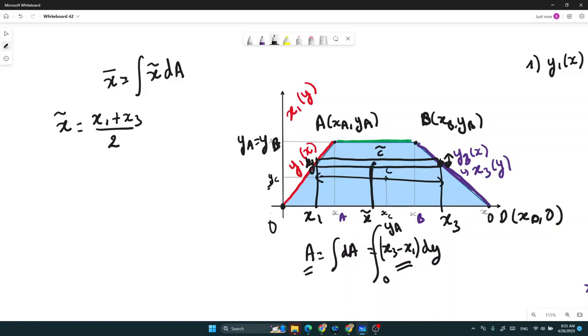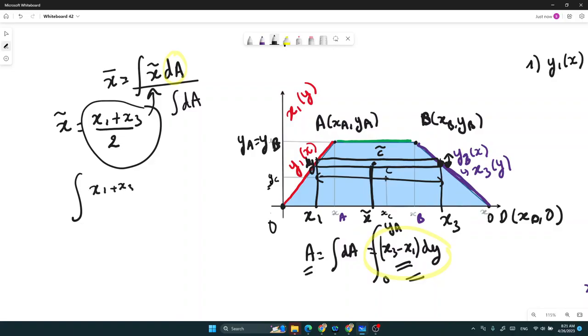And you divide everything by the integral of dA. You already have the dA, you found it before. So you will have at the end the integral of x1 plus x3 divided by 2 times x3 minus x1 dy, from 0 to your ya. That's for x tilde, okay?